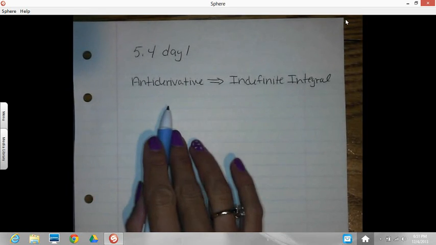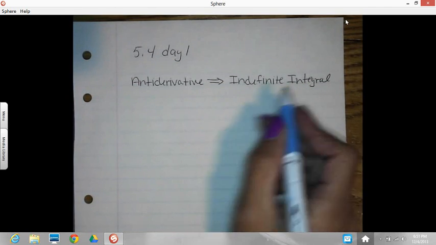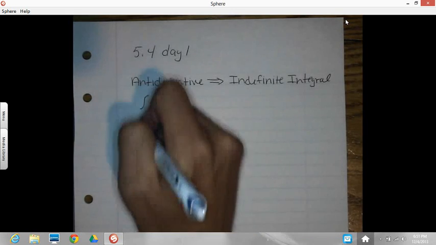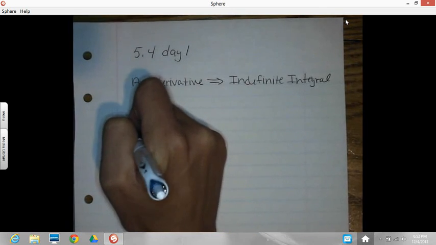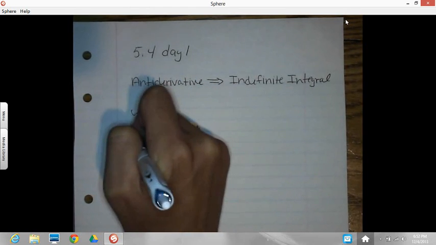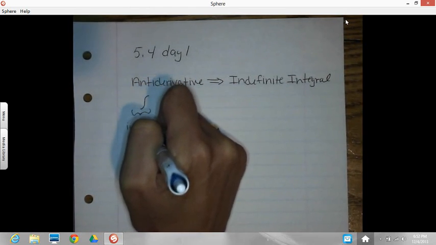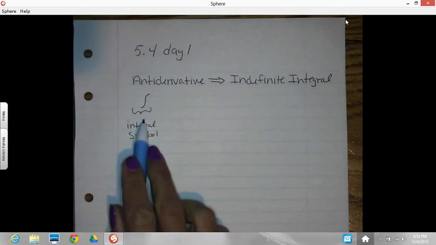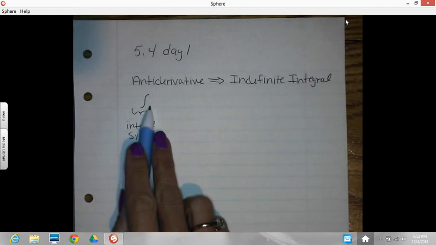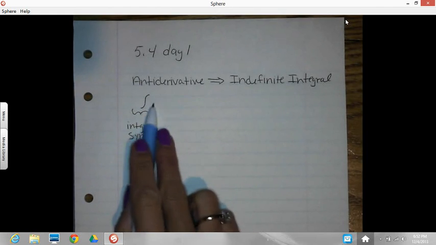You're going to have a problem that looks like this. There's an integral symbol. The integral symbol is this stretched out S. And that whole symbol is just saying, find the antiderivative of this equation that I'm going to write here.